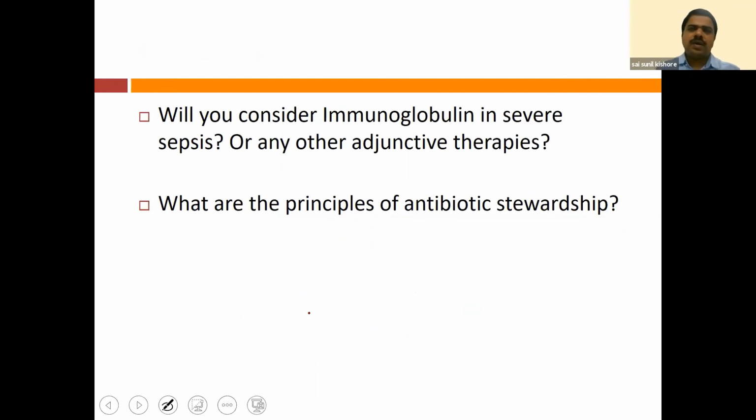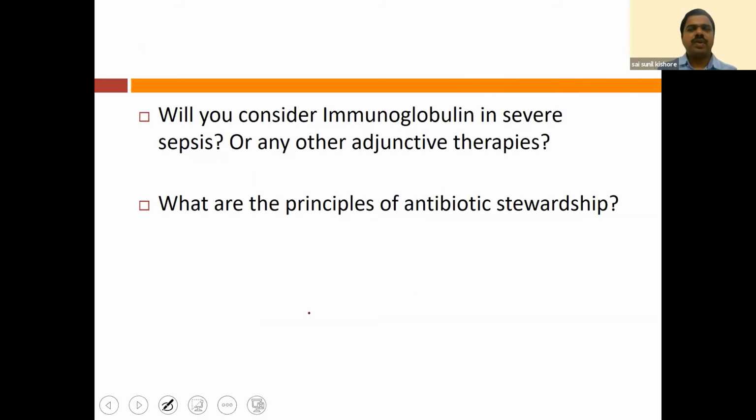So now, what is the role of immunoglobulins as well as other adjunctive therapies? Some of the units start immunoglobulins, IVIG. According to the evidence and the literature, there is no significant benefit of starting immunoglobulins in case of sepsis.